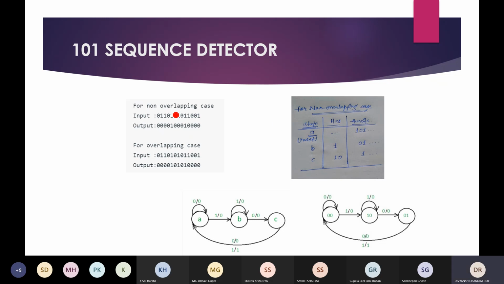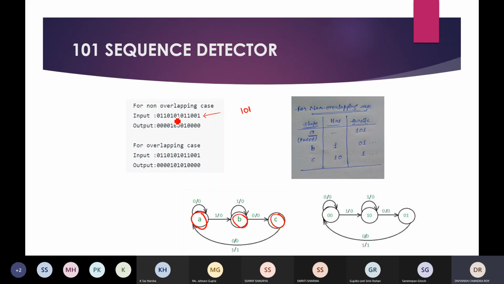This is the procedure to design a sequence detector. Here, we are going to detect 101, and we are drawing the state diagram. It requires three different states, A, B, and C. Here we are considering the non-overlapping case.